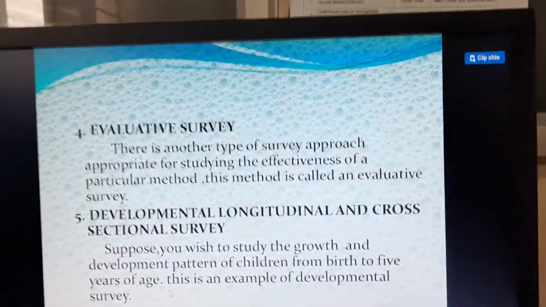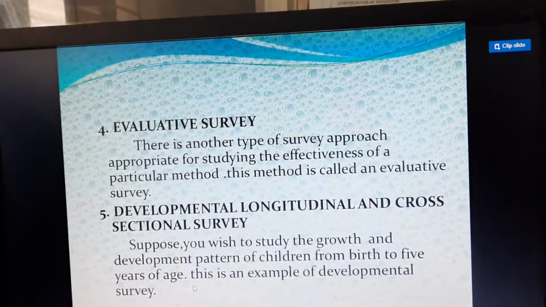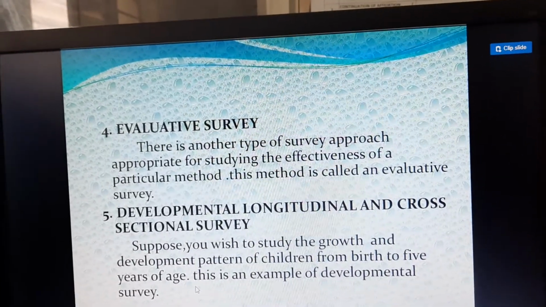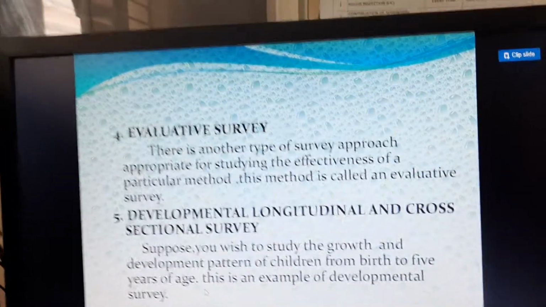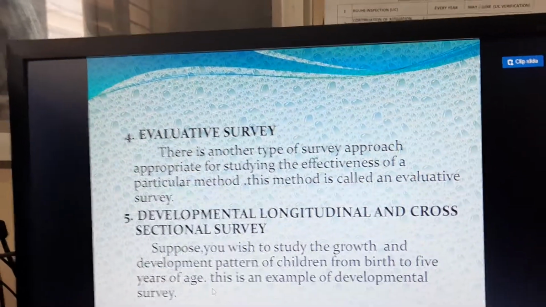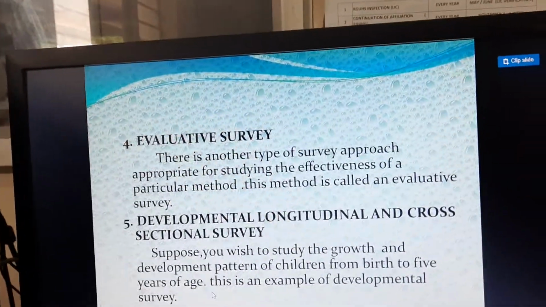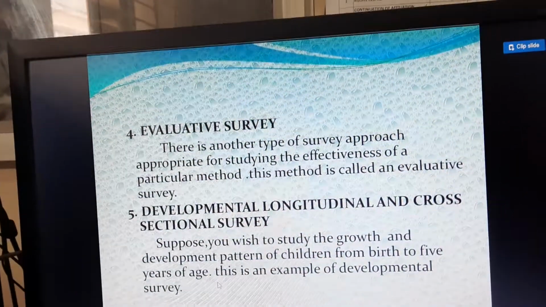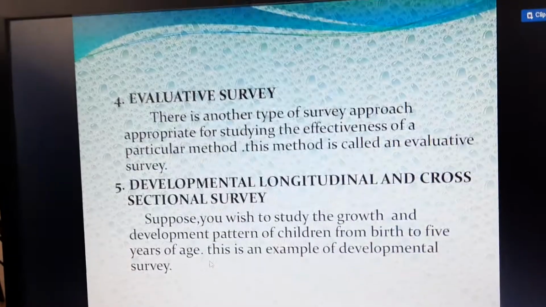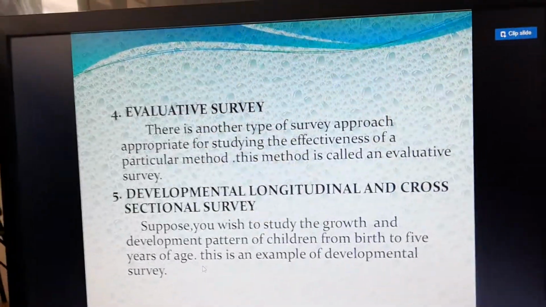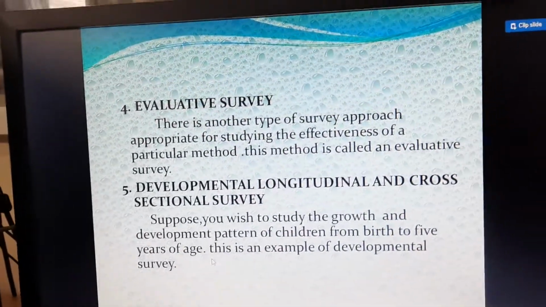Then the fifth one is the developmental, longitudinal and cross-sectional survey. Suppose you wish to study the growth and development pattern of children from birth to 5 years of age. This is an example of a developmental survey. In pediatrics we call these milestones. From birth to the 5th year of age, what milestones develop for the children?